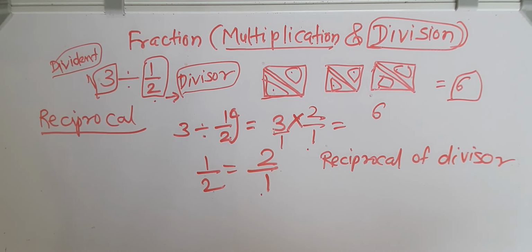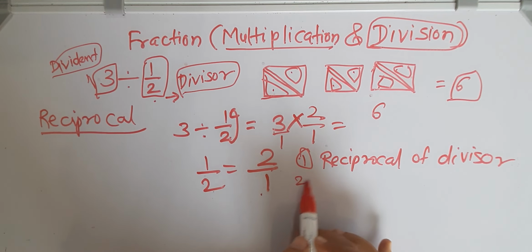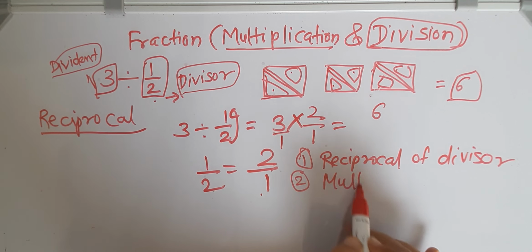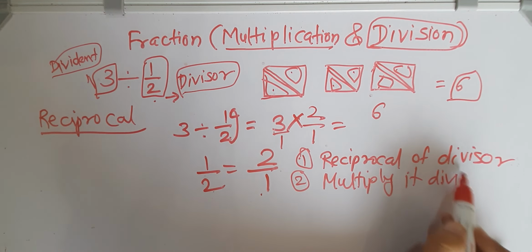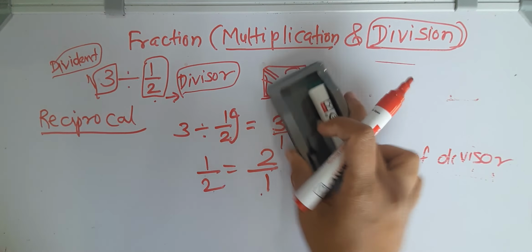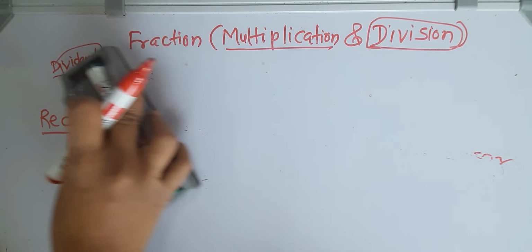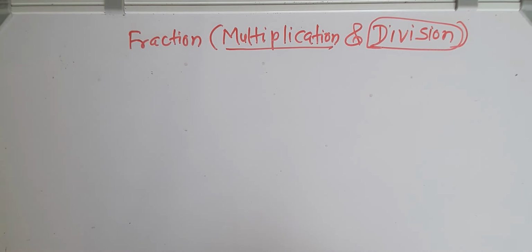Halves of 3 is 6. So first we'll find the reciprocal of the divisor and then multiply it with the dividend, and then multiplication remains as it is. Keep this in mind whether you are dividing a whole number by a fraction, a fraction by a whole number, or a fraction by a fraction.